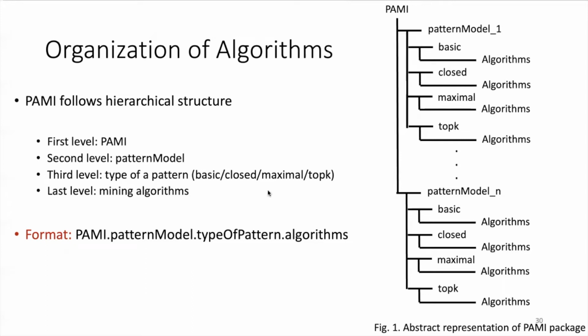This organizational structure is also shown here: PAMI, the mathematical model, the type of the pattern, and the different algorithms that exist. If any user wants to use an algorithm from PAMI, they can simply say PAMI dot, and then what kind of patterns the user is going to extract.